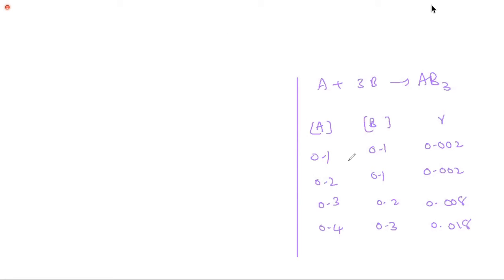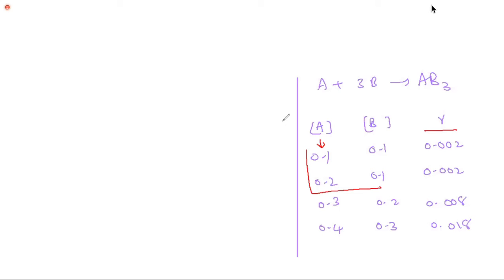Here they have given these experiments. Concentration of A: 0.1, 0.2, 0.3, 0.4, like that they are changing. Concentration of B: 0.1, 0.2, 0.2, like this they are changing. When you change the concentration of A and B, the rate is changing like this.